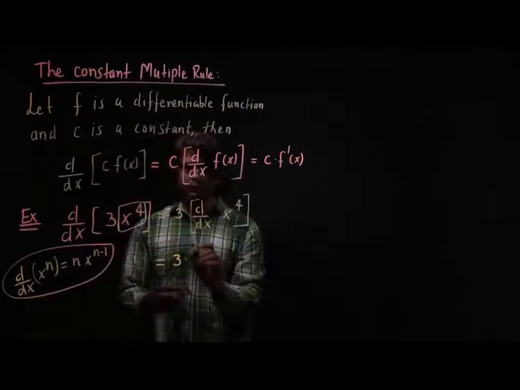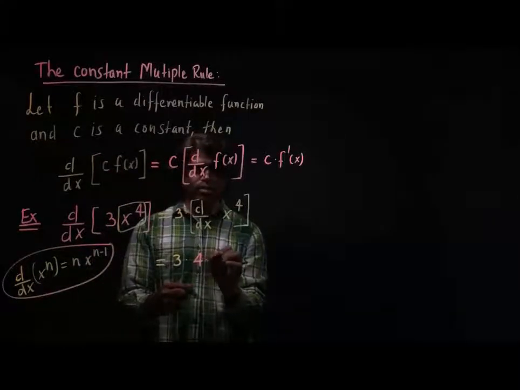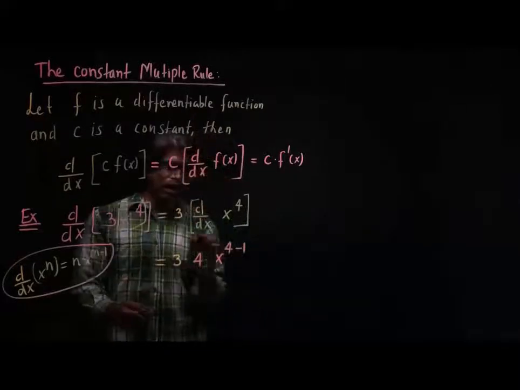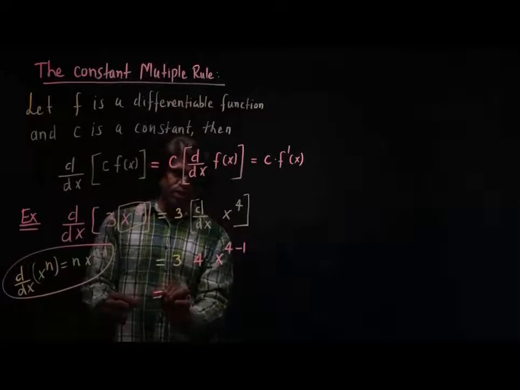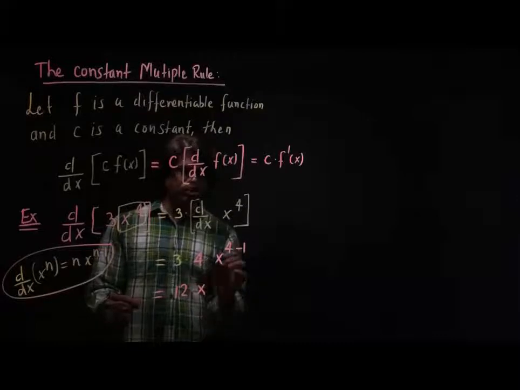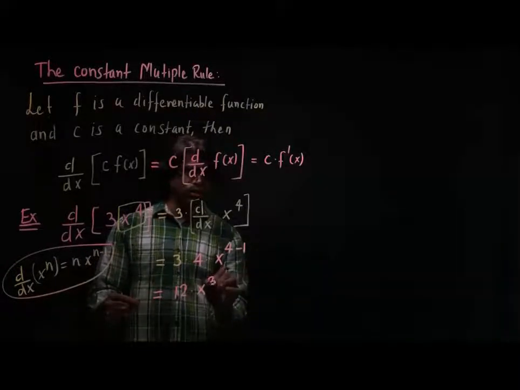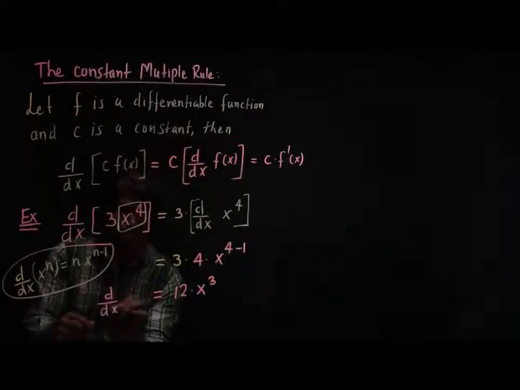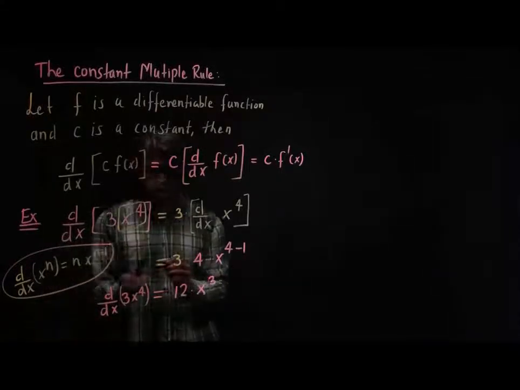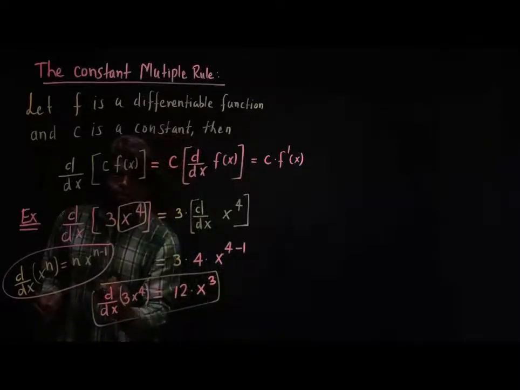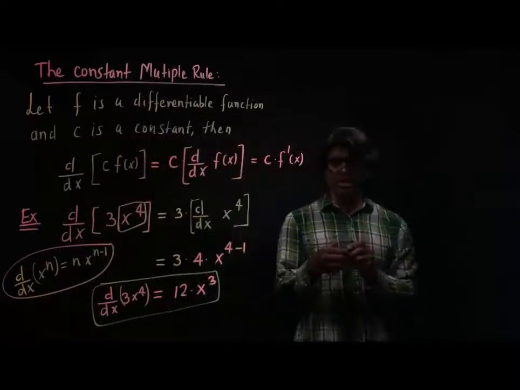So I will write 4 times x to the power 4 minus 1. Simplifying, 3 times 4 is 12 times x to the power 3. So dy dx of 3x to the power 4 is 12x cubed.